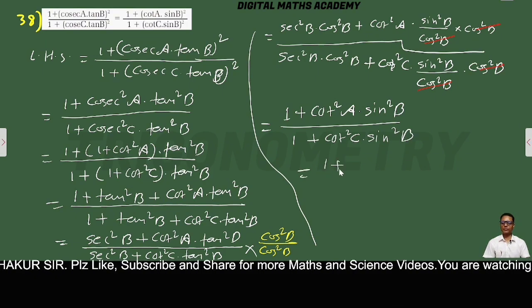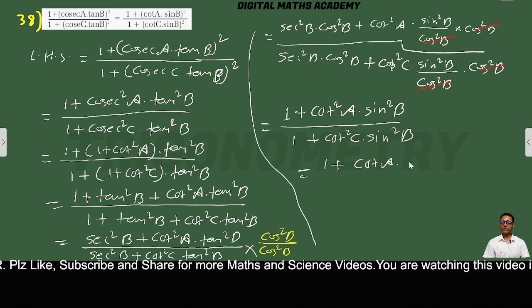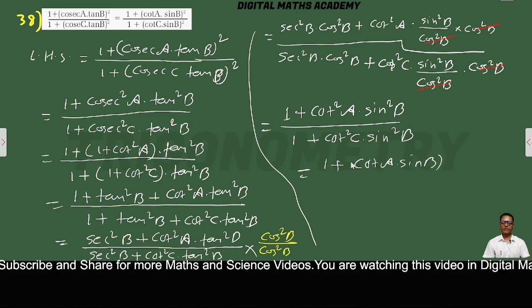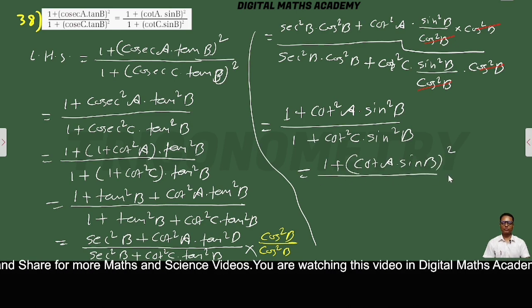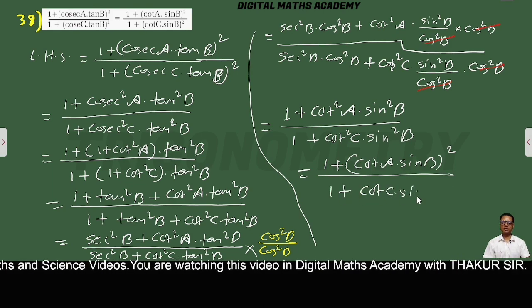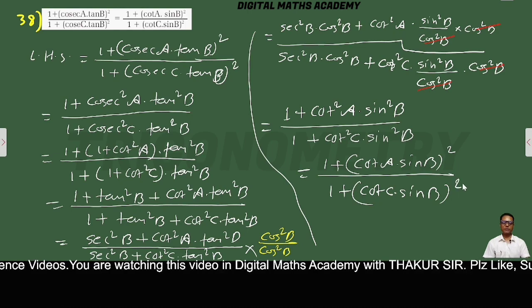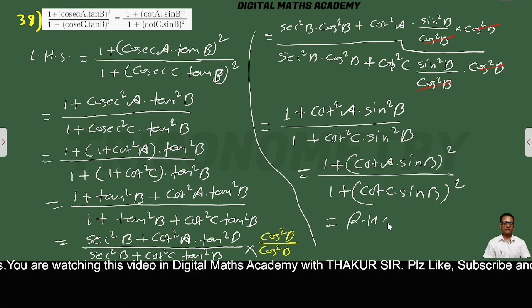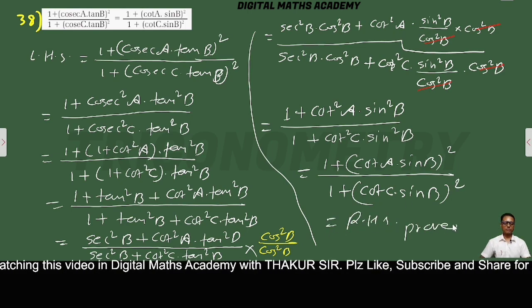So we have (1 + cot A · sin B)² over (1 + cot C · sin B)². That's equal to the right hand side, hence proved.